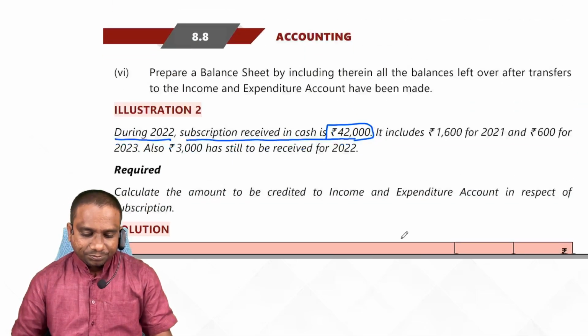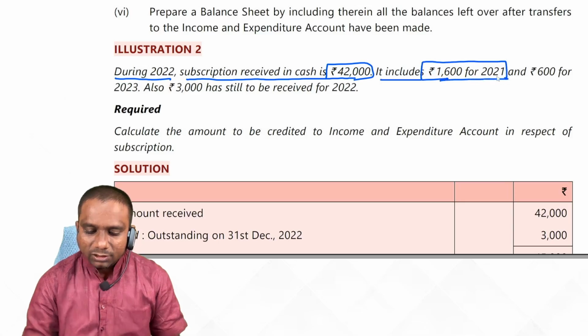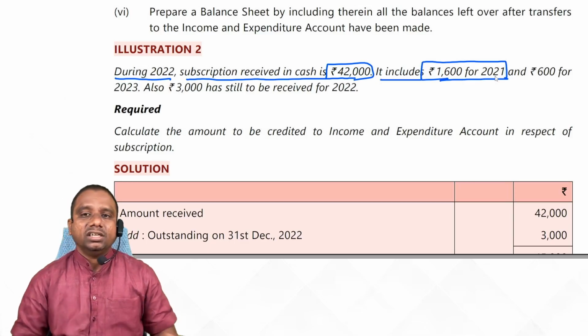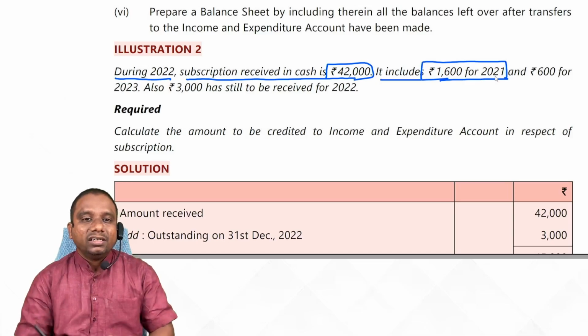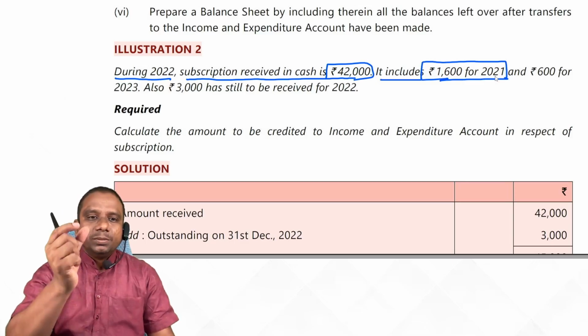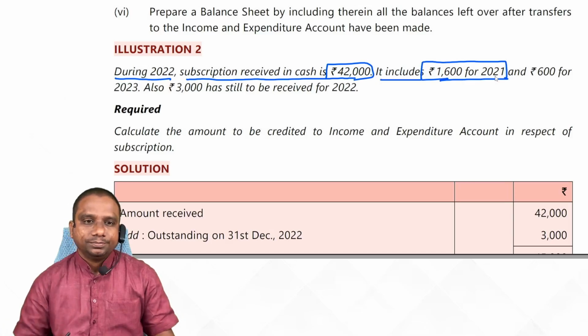Next one. It includes 1600 for 2021. Means in the year 2021, we had to receive 1600 rupees. For that year, what is the adjustment entry that has been passed? The adjustment entry is subscription receivable account debit to subscription account.